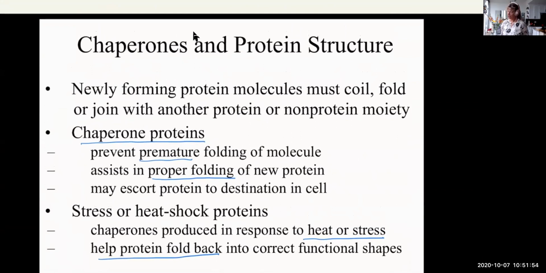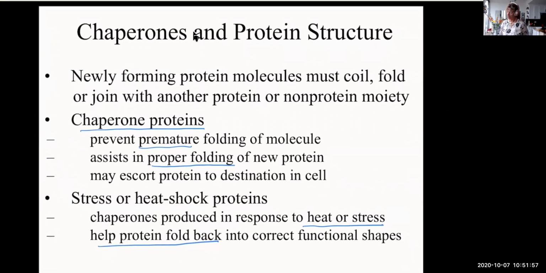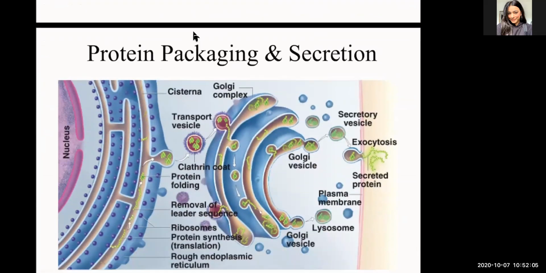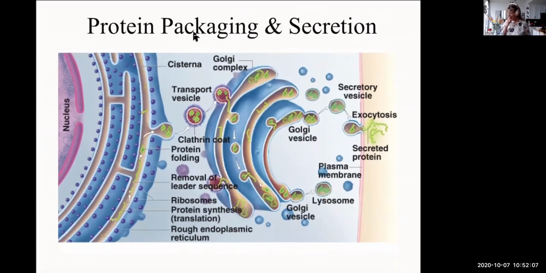Okay, so hence chaperones help that protein fold into the structure it was meant to be. So this slide is good, and this is the slide I want you to take note of some things that I'd like to relate to when we talk about the coronavirus in the cell.